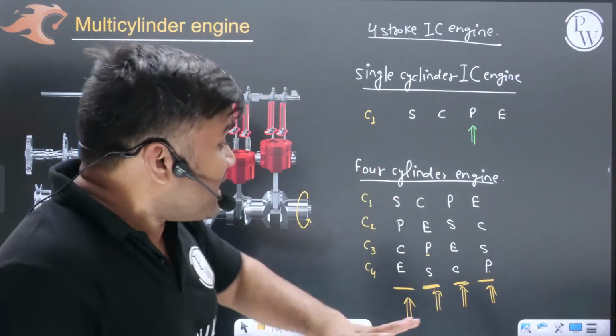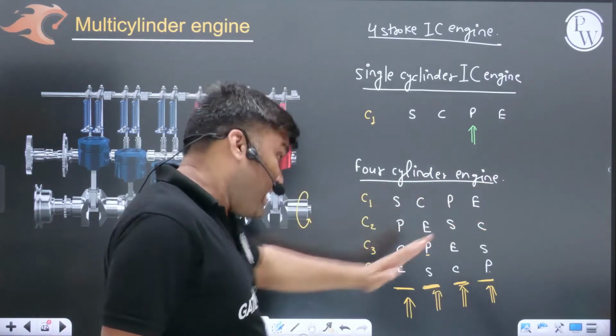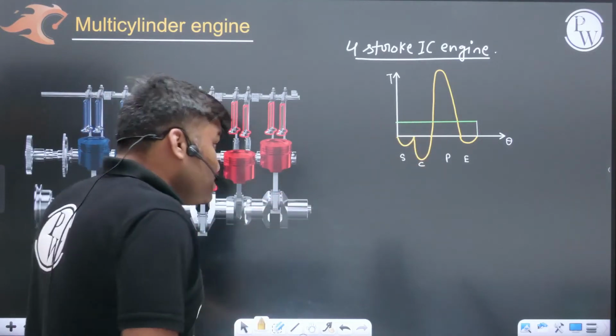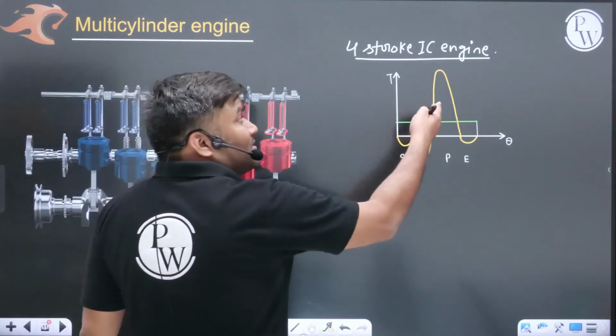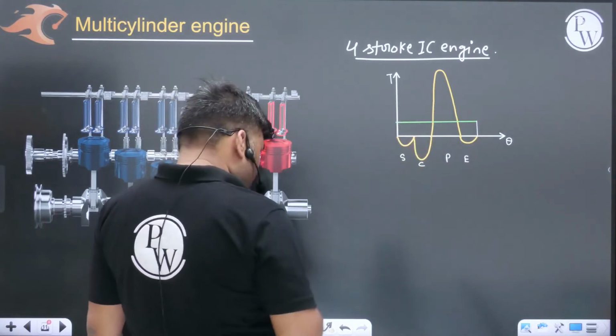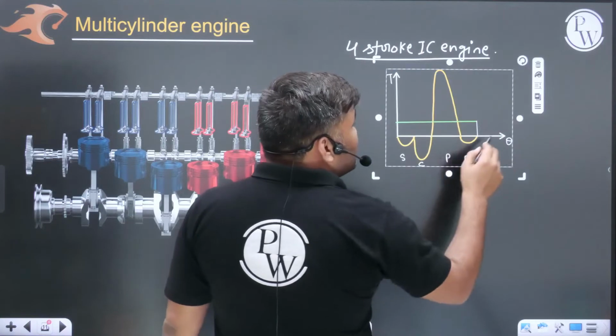Getting a point? Now, you are going to witness uniformity of the torque theta diagram. Earlier, the diagram was like this. With one cylinder there was negative torque. But if you are going to use 4 cylinders, let me draw the diagram.